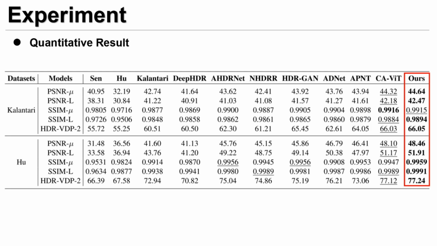HyHDR-Net surpasses the second best methods by 0.32 dB and 0.29 dB in terms of PSNR-mu and PSNR-L on Kalantari's dataset, and it also improves by 0.36 dB and 0.74 dB in terms of PSNR-mu and PSNR-L on Hu's dataset. Overall, the proposed HyHDR-Net achieves state-of-the-art performance consistently on all 5 metrics of 2 datasets.